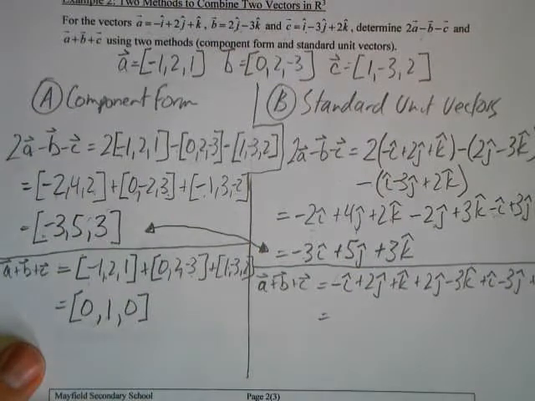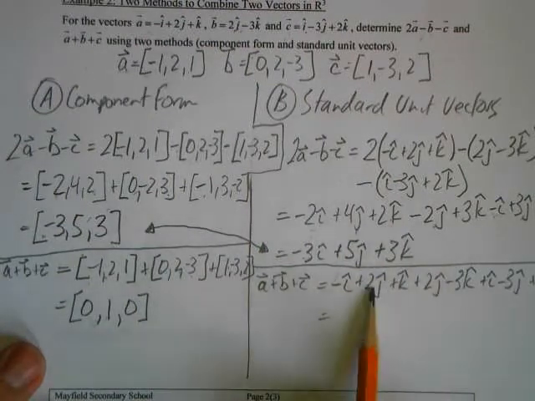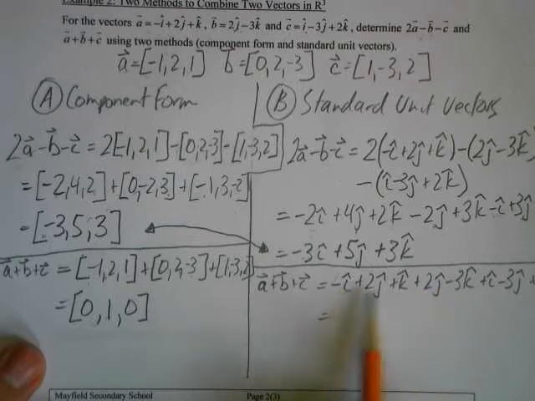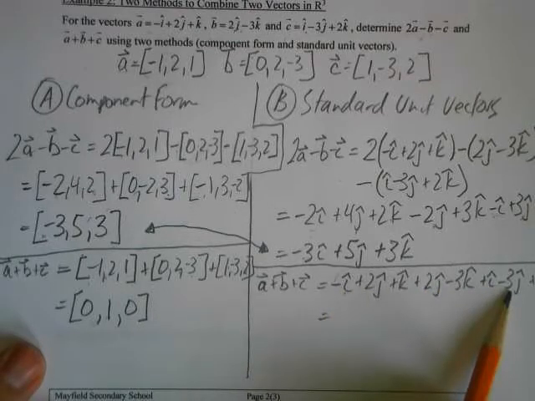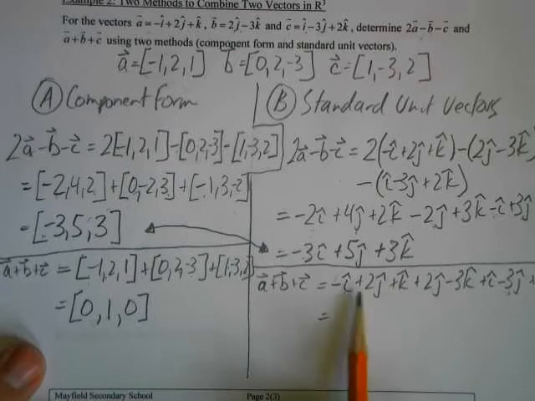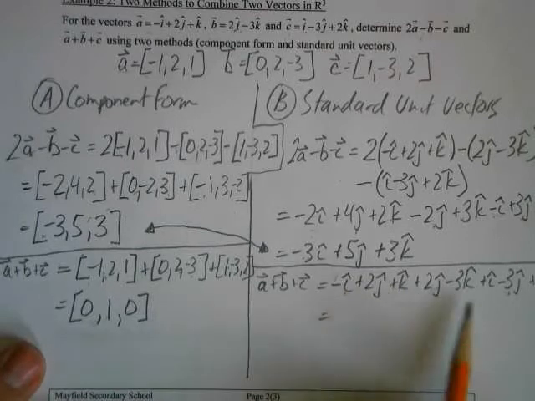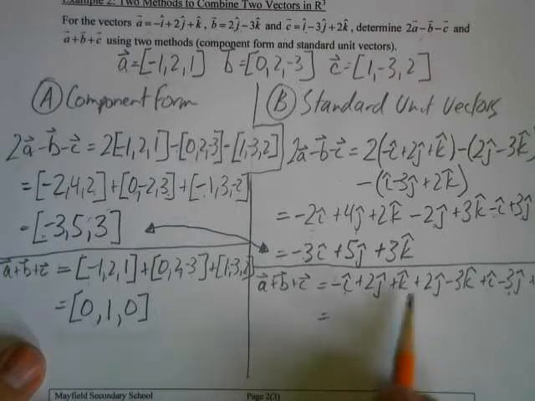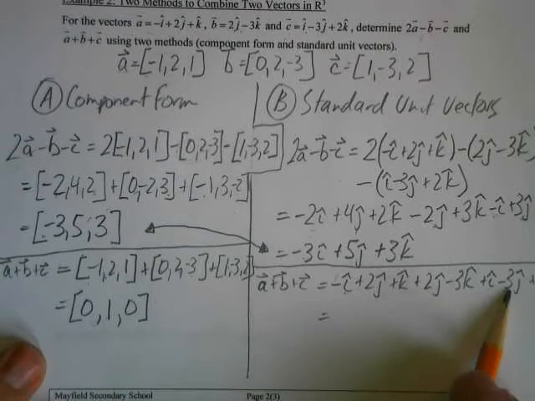Okay, now if we add these together, in terms of I hats, we only have one here and one here. So we have a minus 1 I hat plus 1 I hat. That cancels out. 0 I hats is 0. J hat, we have plus 2 minus 3.